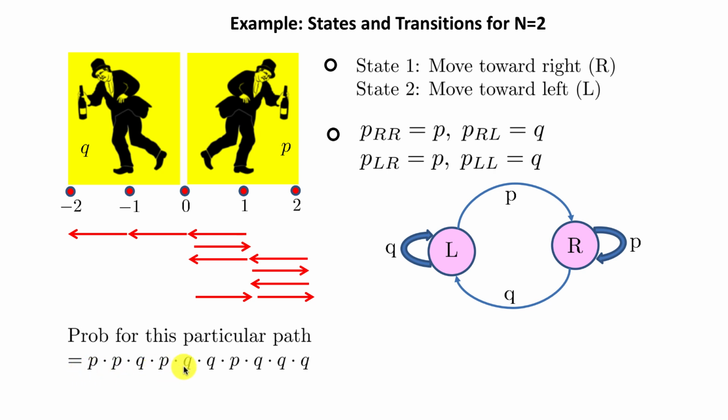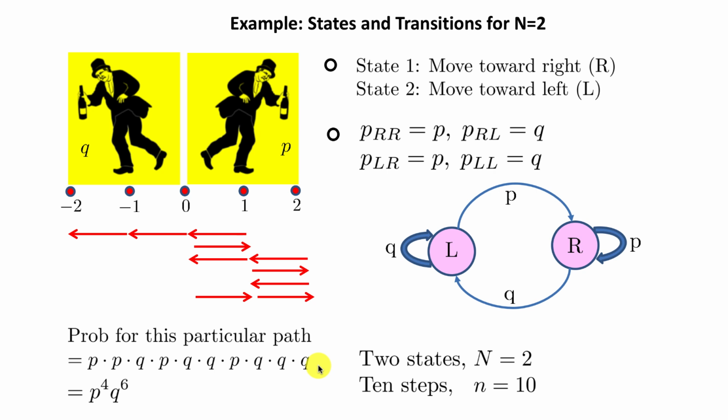And so if you just multiply these together, you see that you get 4 p's, 6 q's, and so this is the probability for that particular path. Again, this was a 2-state system. N is 2, and there were 10 steps, or this was a chain with length 10.